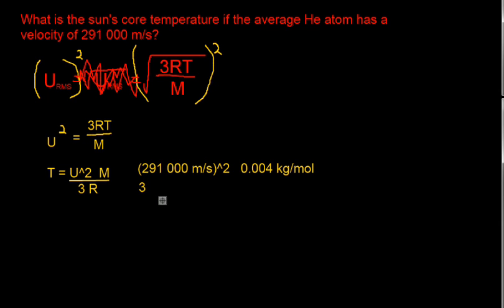Again, 3 is 3. R is 8.3145, then we have, oh boy, kilograms times meters squared all over seconds squared mole Kelvin.